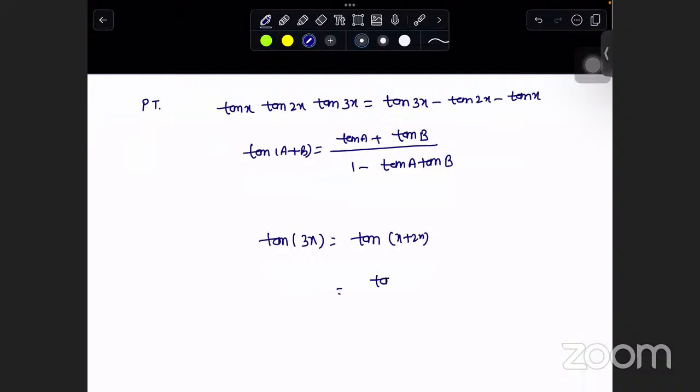So it will be tan x plus tan 2x upon 1 minus tan x tan 2x.